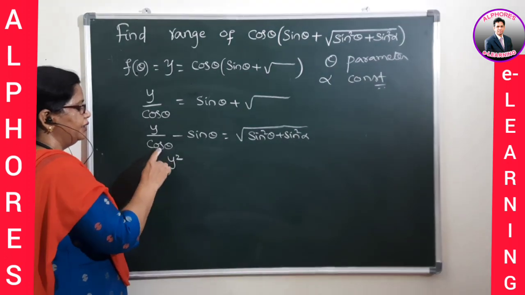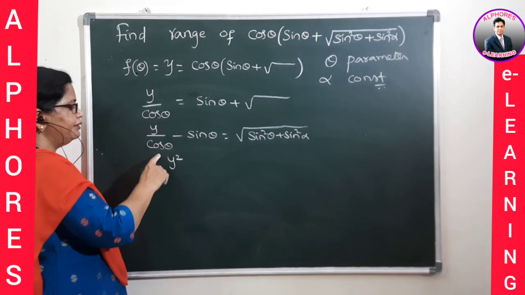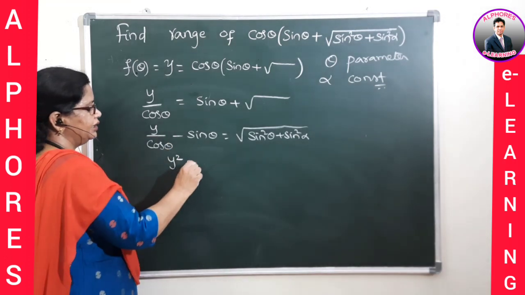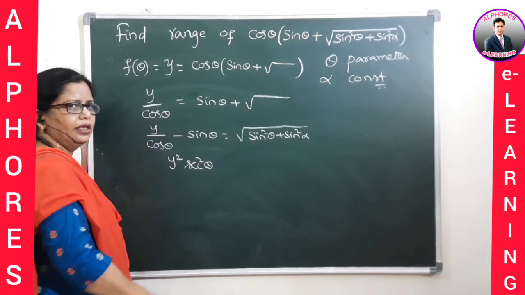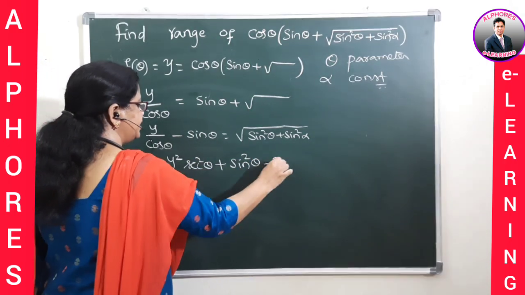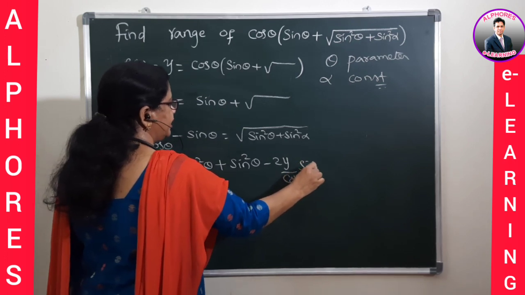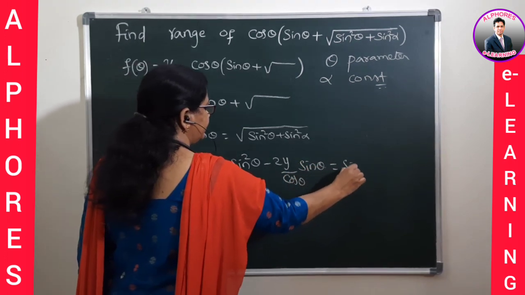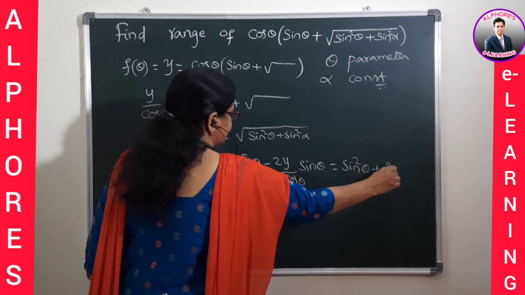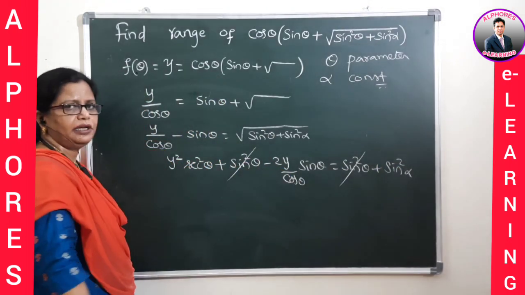Then y square 1 by cos square theta you are going to get. 1 by cos square means it is nothing but secant square. Okay, and next plus sin square theta, after that minus 2y divided by cos theta into sin theta equal to sin square theta plus sin square alpha. Okay, now let us cancel these two values.